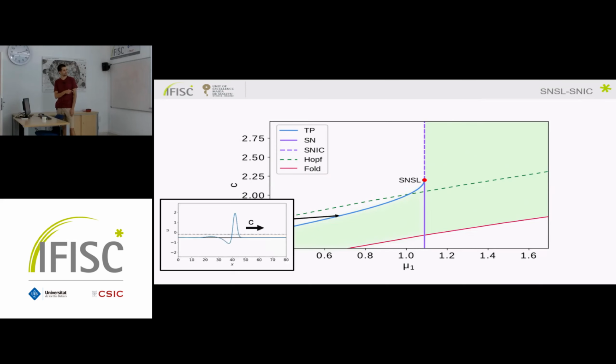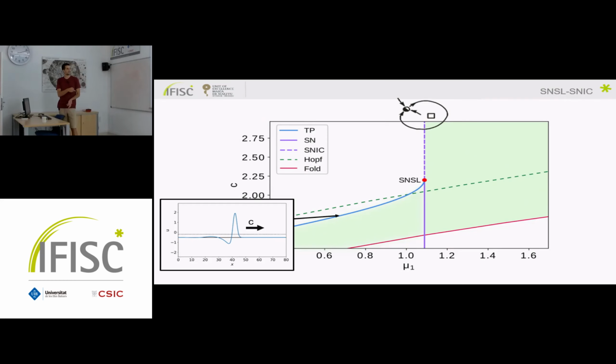We have the traveling pulses at this blue solid line, and this purple line going up is a saddle node of the moving reference frame that occurs for the same parameter as the saddle node of the temporal dynamics.